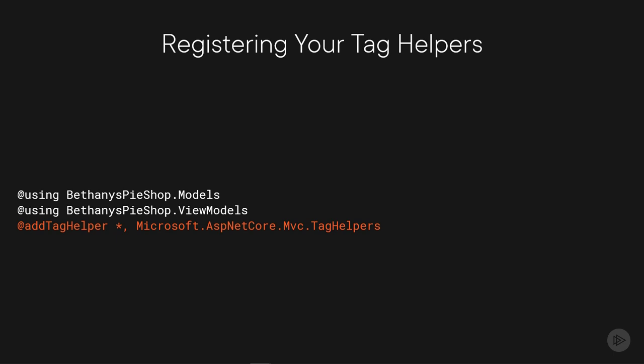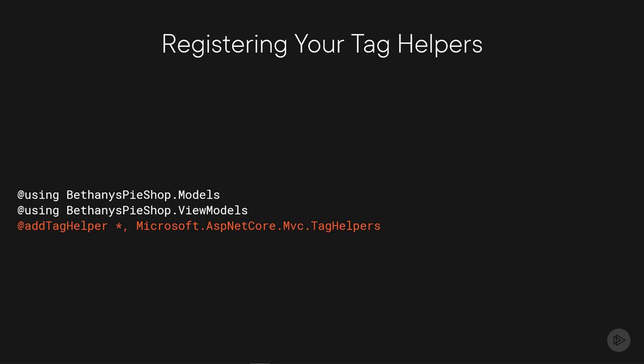And to bring in support for tag helpers into our application, we'll need to call addTagHelper. We can do that in every file where we want to use tag helpers, but there's a better way. Remember that we have earlier in this course already added the view imports file? Its purpose is bringing in the namespaces and directives globally within the application, so we don't have to call it in every page.